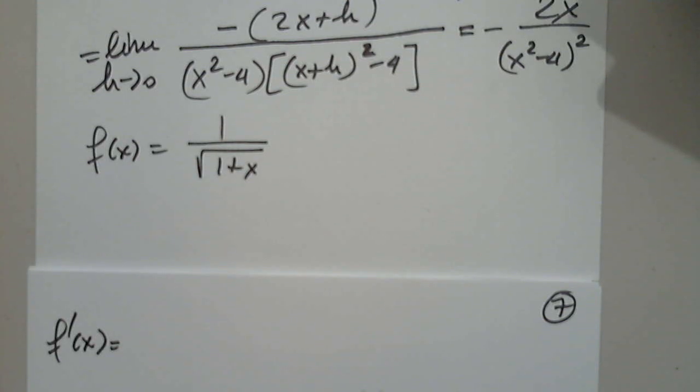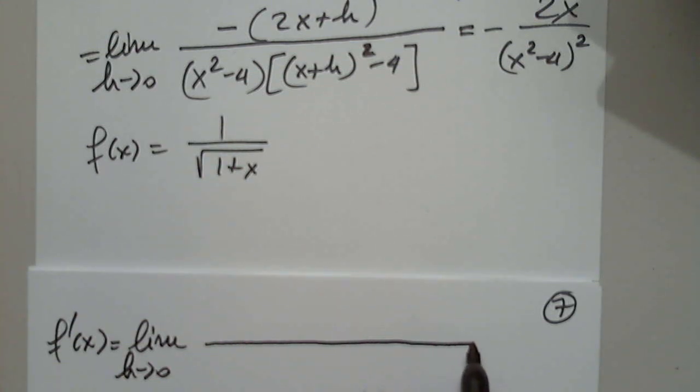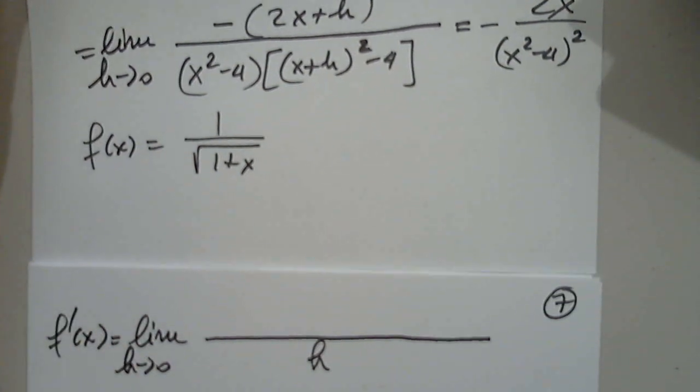How do I start? The limit as h approaches 0. You're going to dream about this. If I call you at 3 o'clock in the morning, you'll give me, no, I will not call you at 3 o'clock in the morning, I promise.